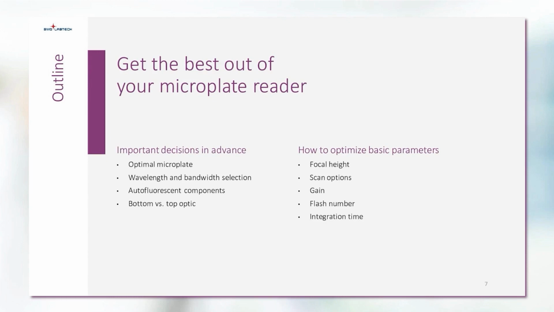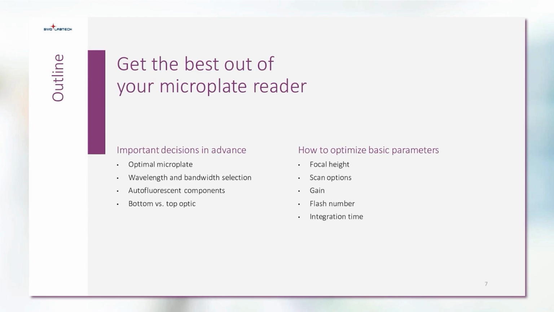We will start with everything that has to be considered before you set up your assay and you start to set up your protocol at the microplate reader, like, for example, the microplate color, the wavelength and the bandwidth, and the choice between bottom and top optics. And in the second part, everything that can or has to be adjusted while measuring at the microplate reader, like the focal height, different scan options, or the flash number, will be dealt with.